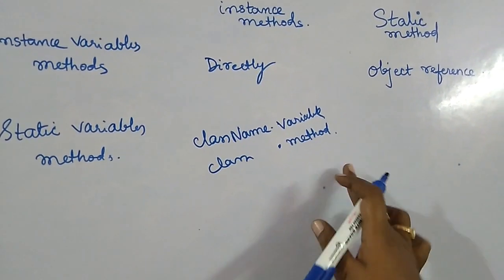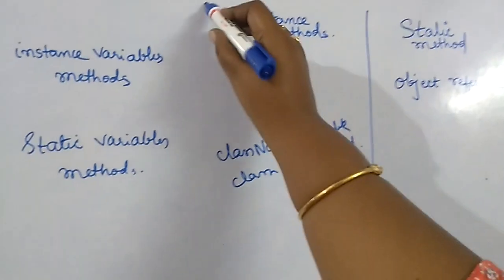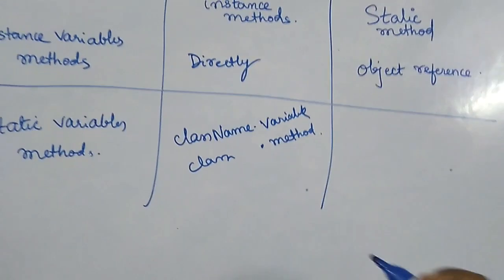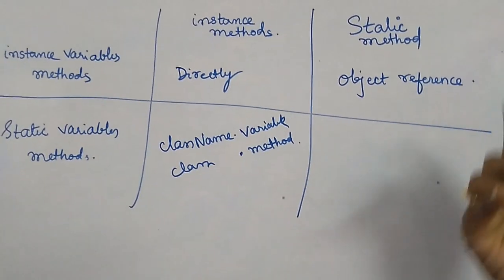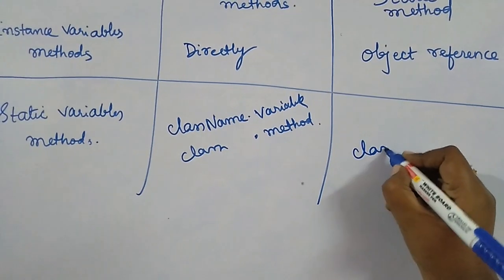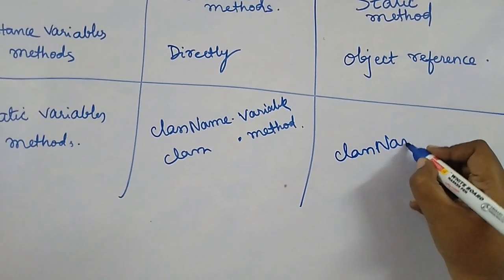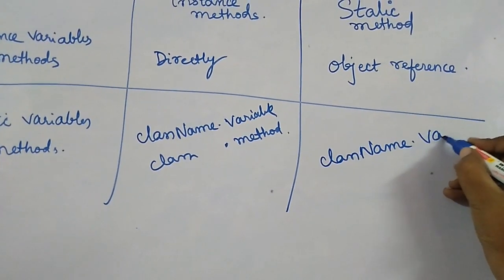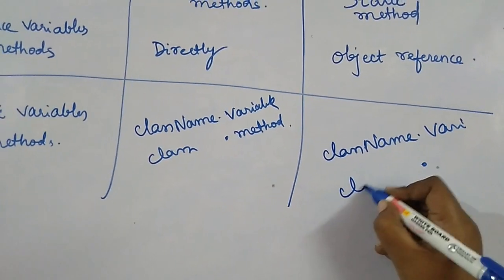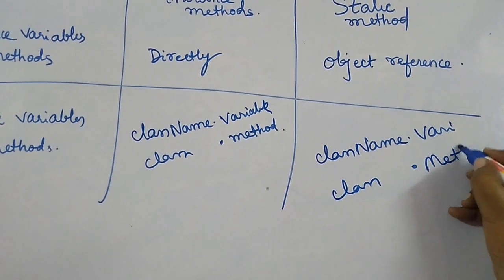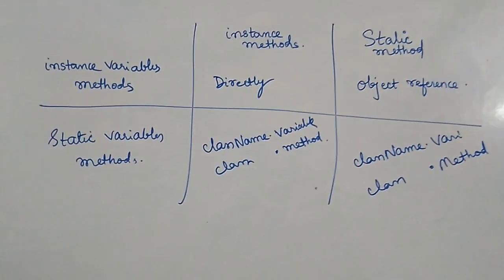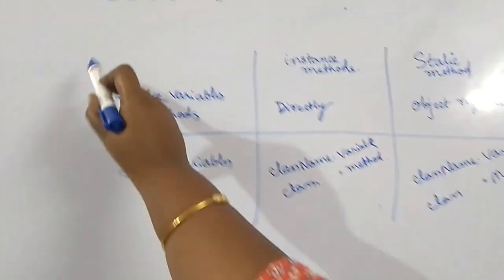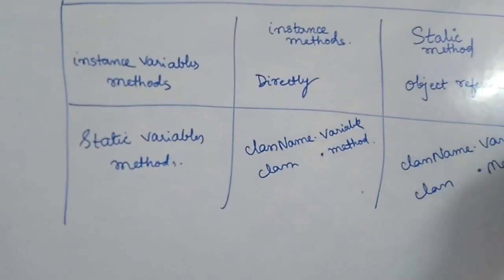And how can you access static variables and methods in a static method? Again the same thing. Class name dot the variable name, class name dot the method. If they are inside the same class, then you can directly call the variables. Okay, so this table you need to keep in mind.